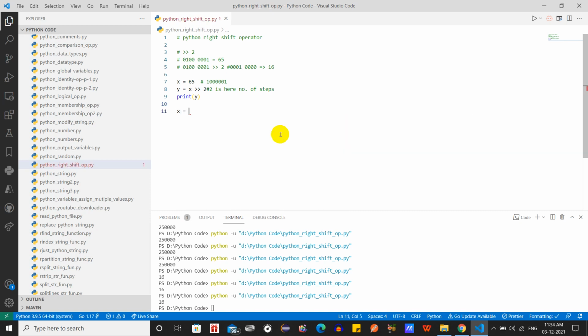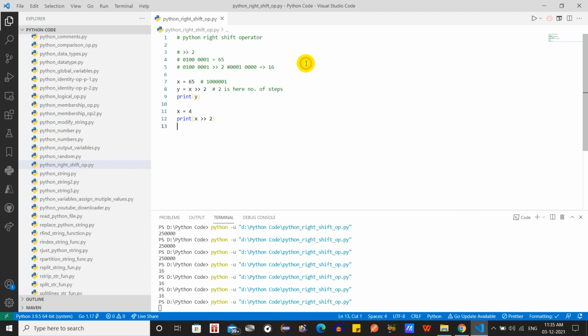If you want to take another number, suppose 4, then print x right shift 2. So what is going to be written? See, 1. How is it possible? Convert the 4 to binary. Taking 4 bits, it is 0 1 0 0.